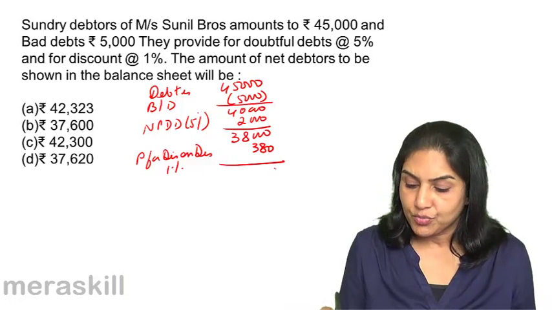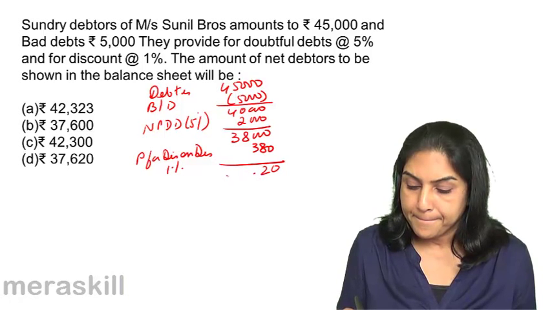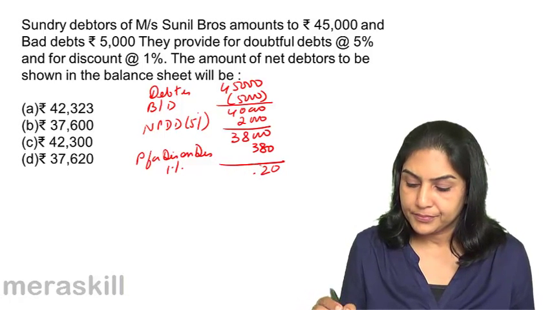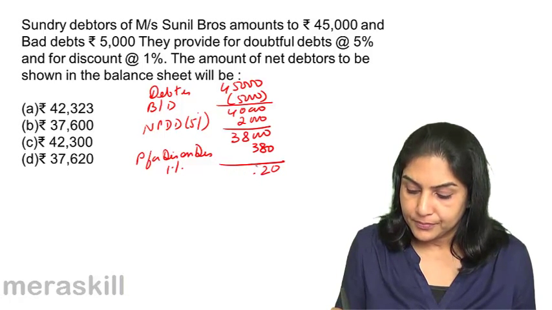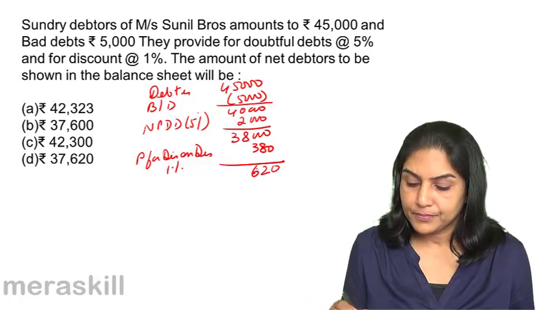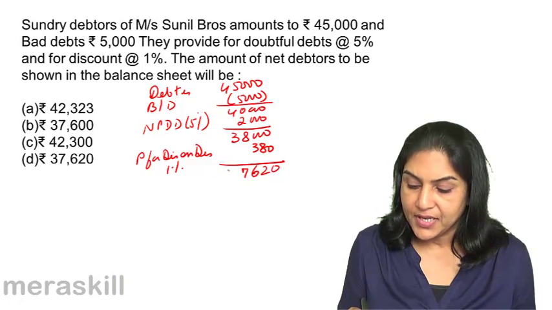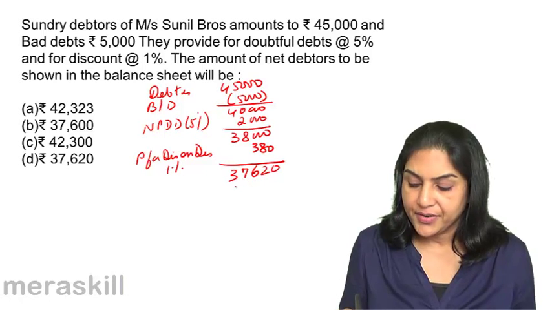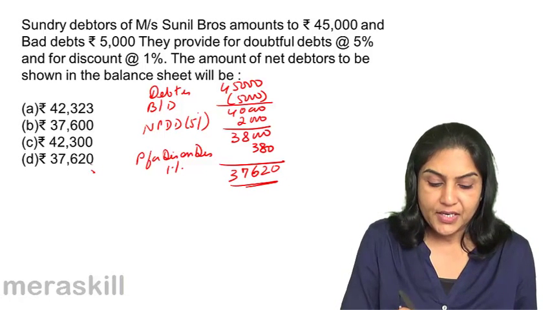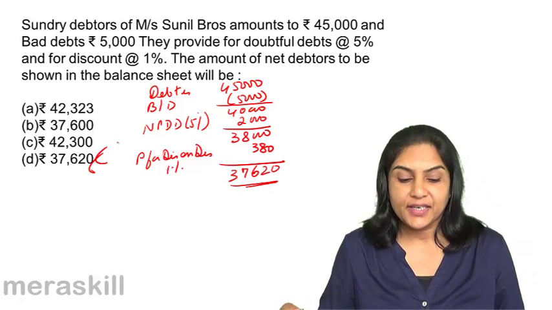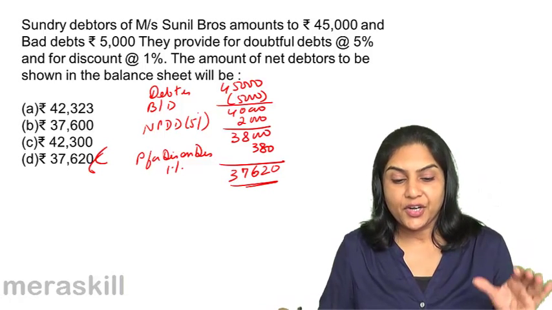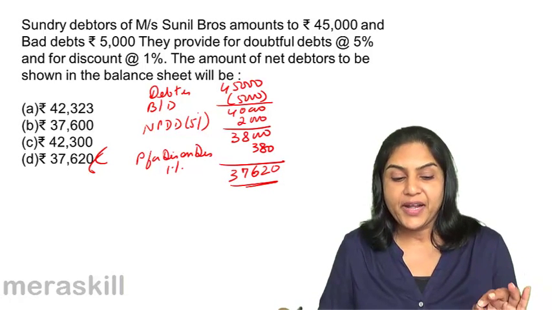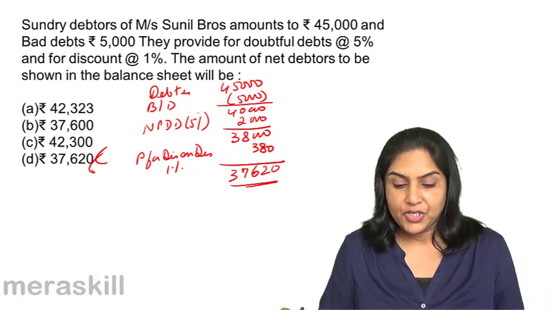So net debtors which would be shown in the balance sheet would be 37,620. Correct answer should be D, 37,620, the amount of net debtors in the balance sheet.